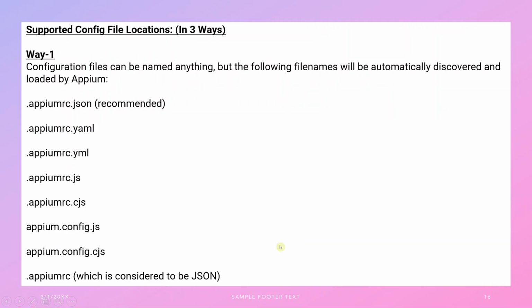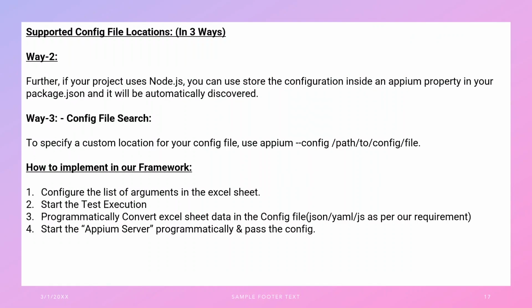The next one is the config file location. We have seen how to specify the file location. Way 1 is in our package.json file, where we provide the appium property. Way 2, I provide it in the JSON, in package.json, the Appium property.